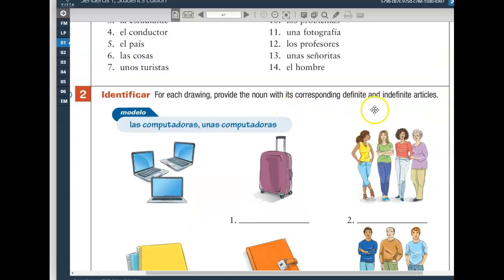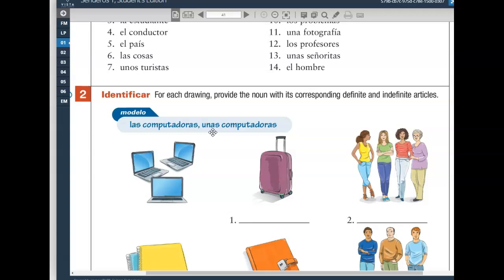Which definite and indefinite articles would go in front of these nouns? This would be la and una maleta. Number 2 would be las or unas mujeres.